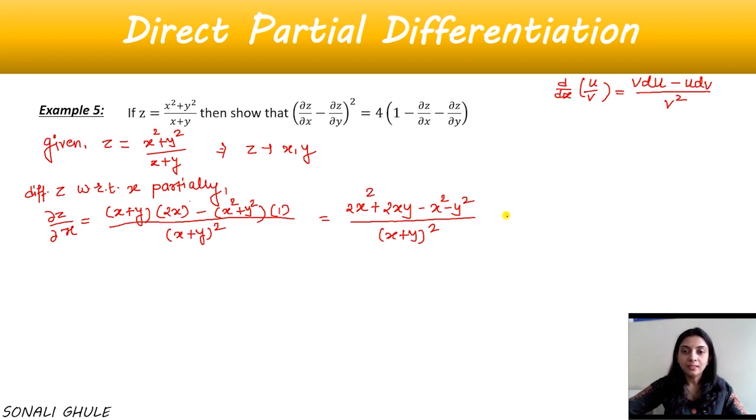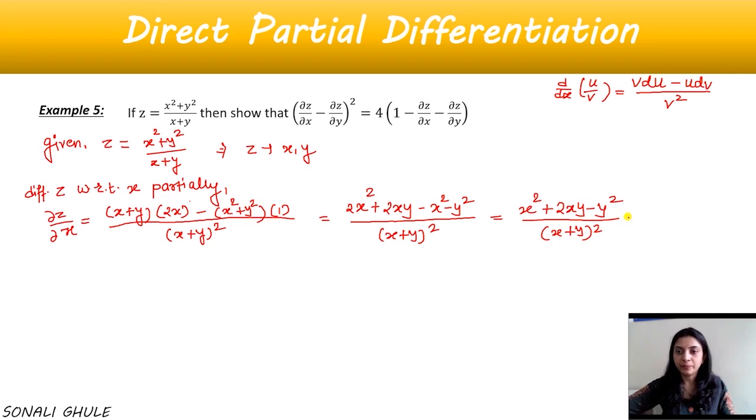Now 2x square minus x square is only x square, so we get x square plus 2xy minus y square upon x plus y whole square. Say this is our equation 1. So we got the value of dou z by dou x.